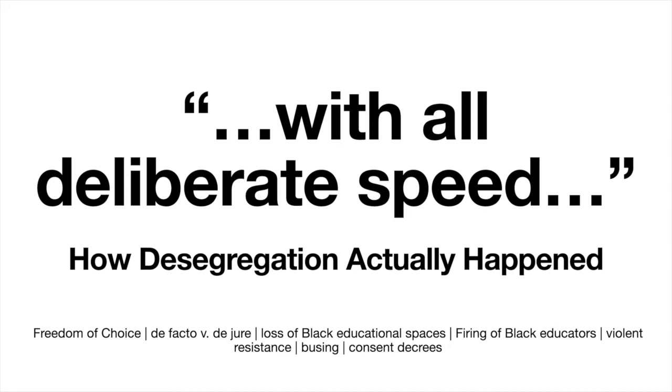Now, I also want to point out this idea with all deliberate speed and that this is the only direction that the Supreme Court gave. Historians argue that this is not accidental, that on a foreign policy level, all the United States needed to do was to show that the federal government was serious about racial justice.